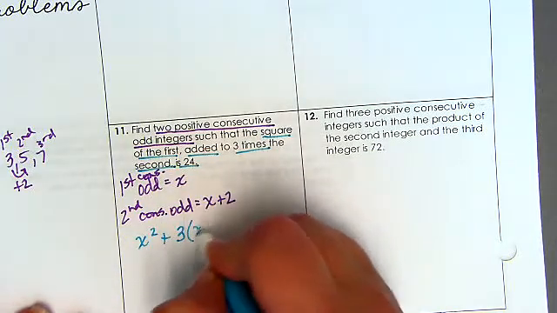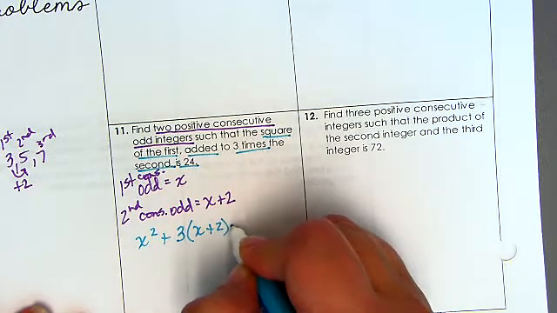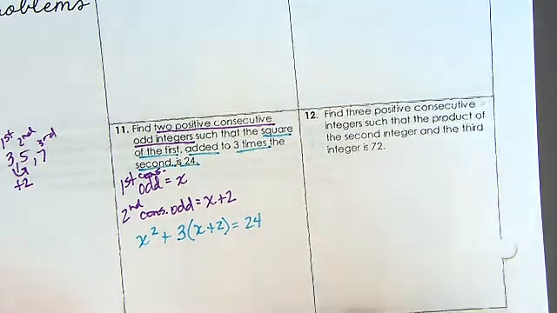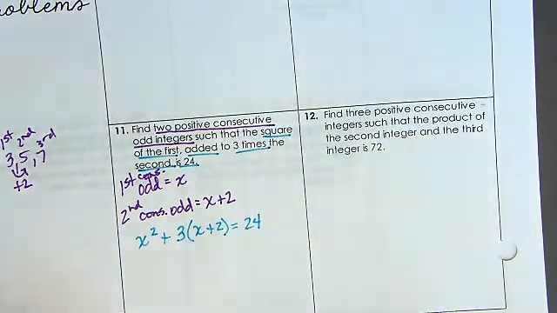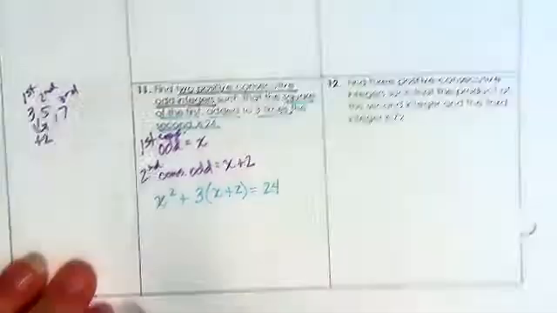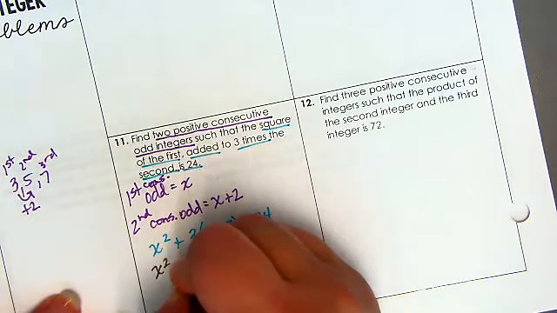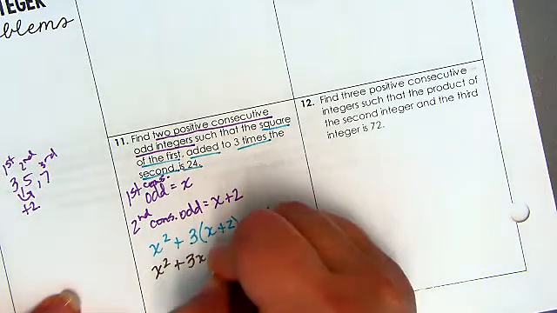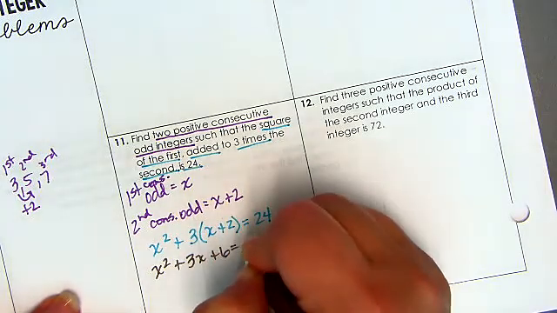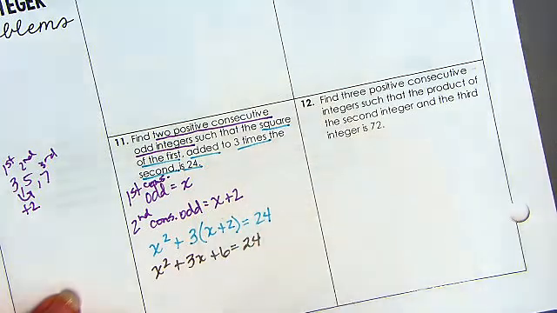So I'm going to have x squared plus 3 open parentheses x plus 2 equals 24. Now we simplify and solve. I'm going to have x squared plus 3x plus 6 equals 24.